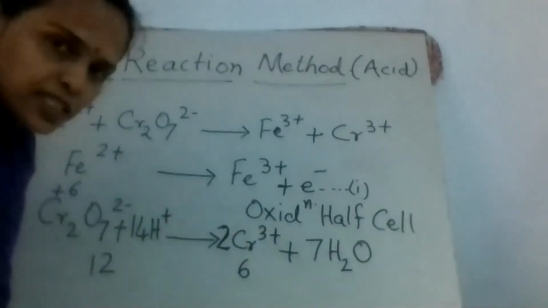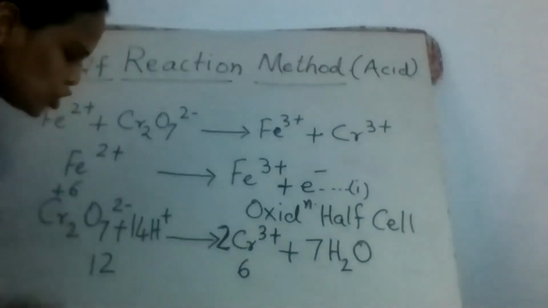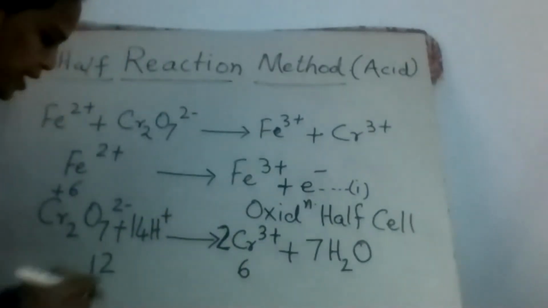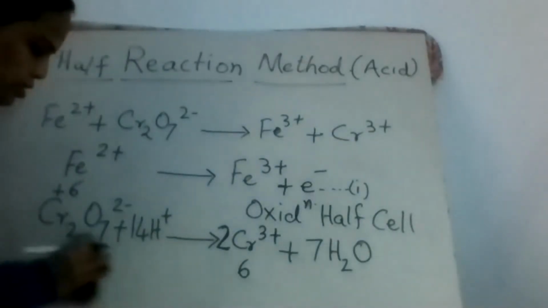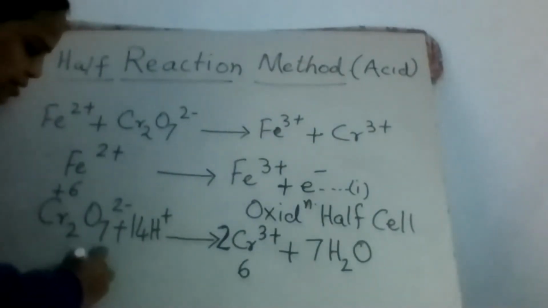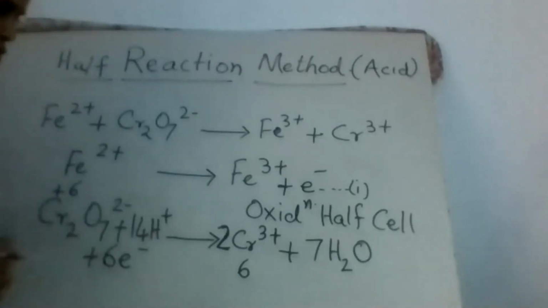Now I'll be balancing the charges in equation 2. This is the reduction half cell reaction. I'll add 6 electrons on the left hand side, plus 6 electrons.